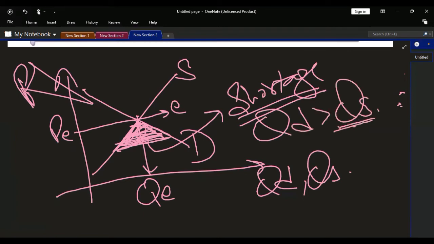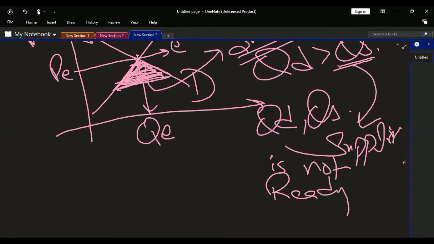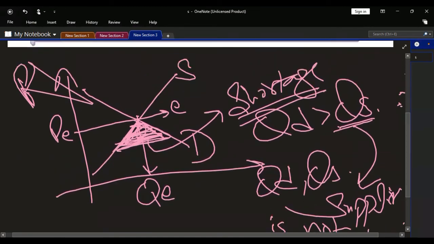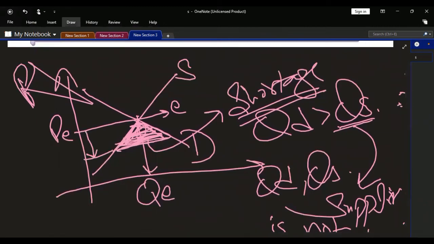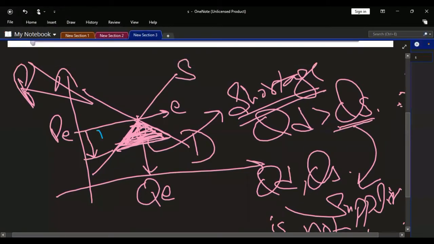It means that the supplier is not ready to supply its product at this price. Supplier is not ready to offer its good in the market. In this case, the price that has gone down needs to increase so that the supplier's interest can be increased.